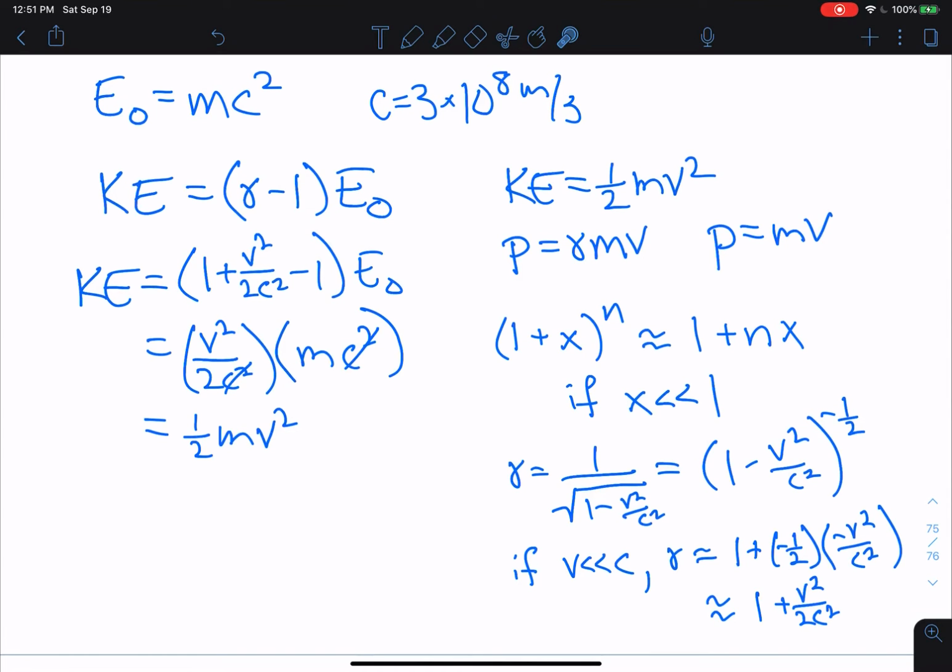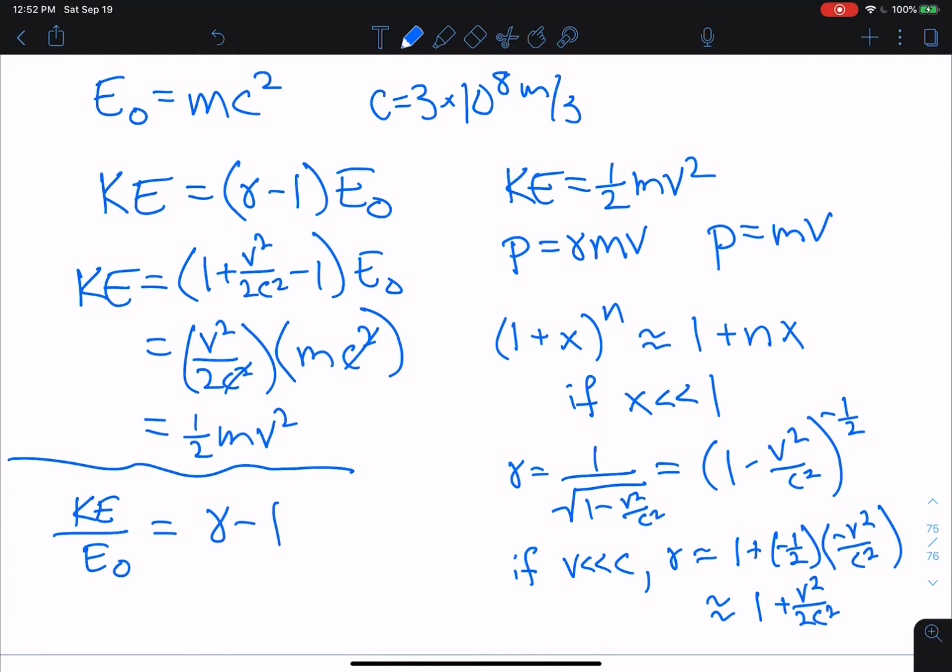Now, this expression obviously has its uses when you're talking about relativistic speeds. One thing it tells us is that the kinetic energy as compared to the rest energy is just equal to gamma minus 1. Now, gamma goes from 1 to infinity.